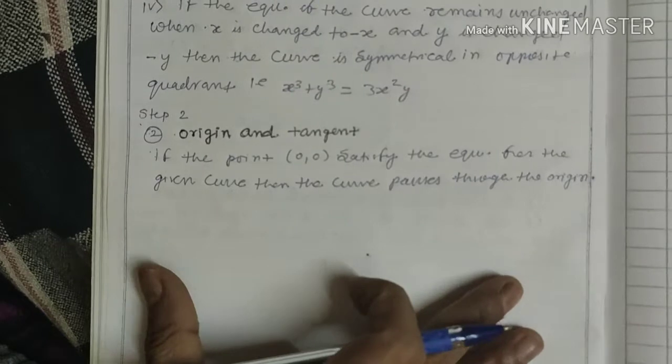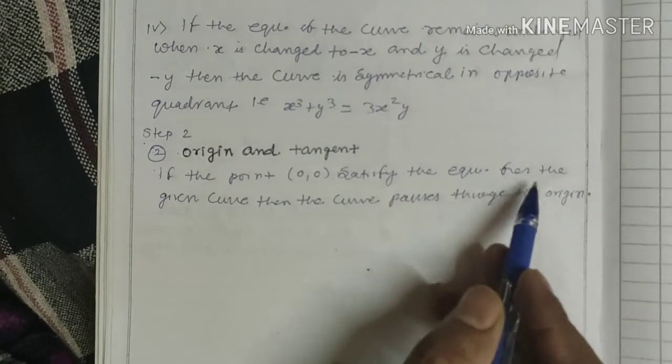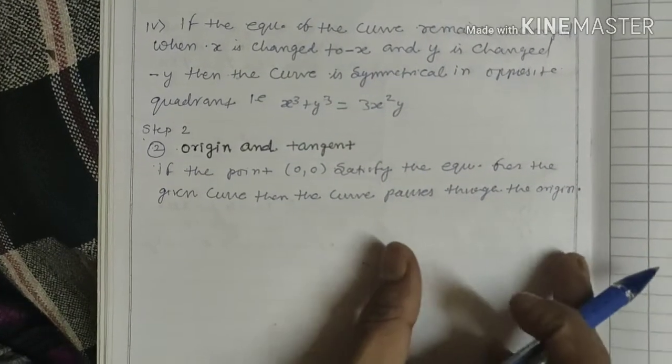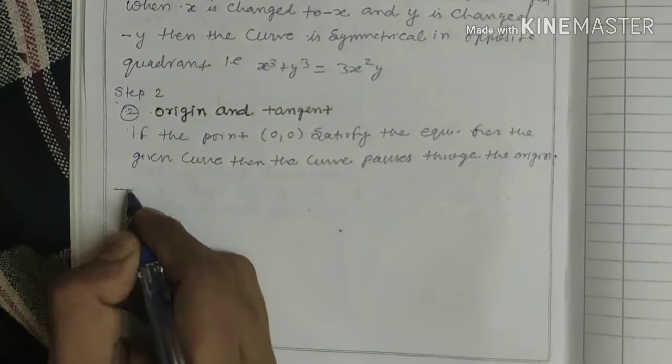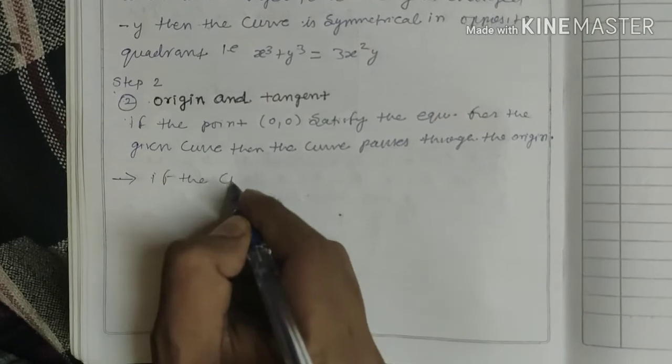This point says that if (0, 0) satisfies the equation of the given curve, then the curve passes through the origin.